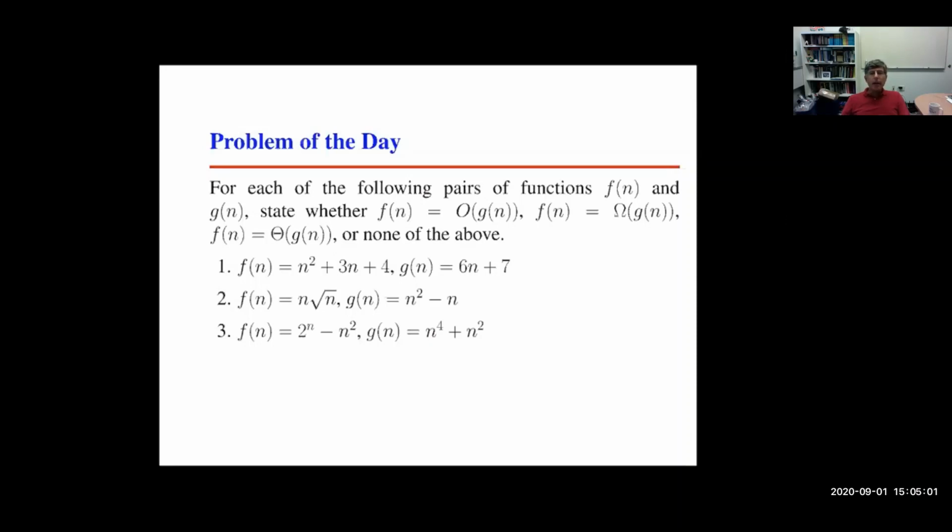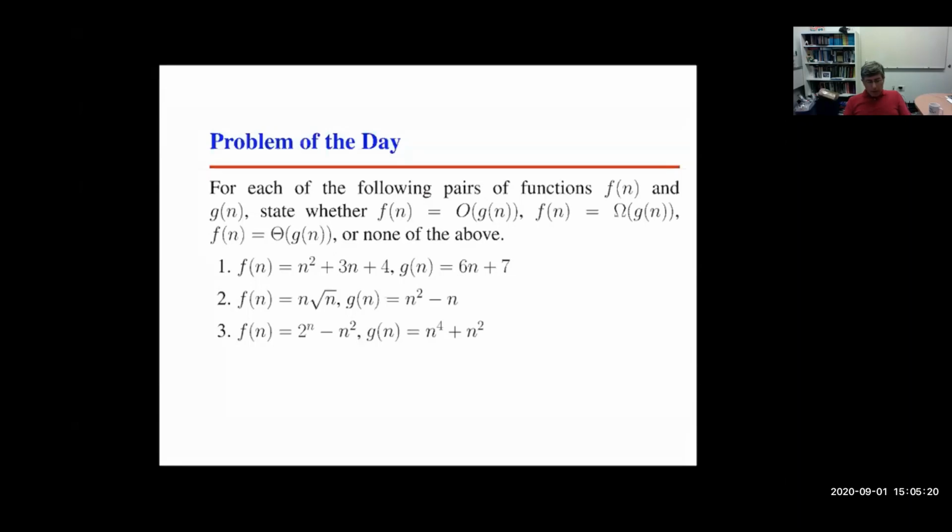Okay, let's talk about the daily problem. We talked last class about the big O notation. What I'm trying to do is to figure out the relationship between these functions f and g.